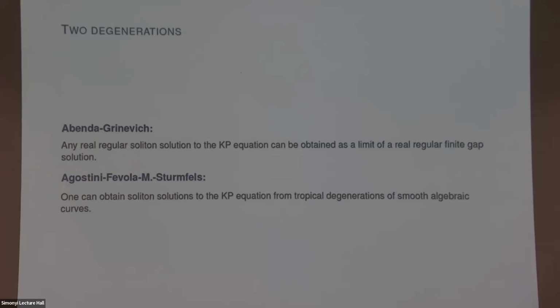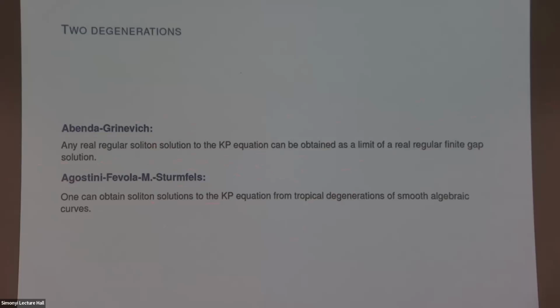So what they do is from the soliton data of a real regular soliton solution, so a point in the positive Grassmannian or a positroid cell in the positive Grassmannian, they have a way of assigning to it an M-curve that, degenerated and/or perturbed in a convenient way, gives you the real regular soliton solution in the limit.